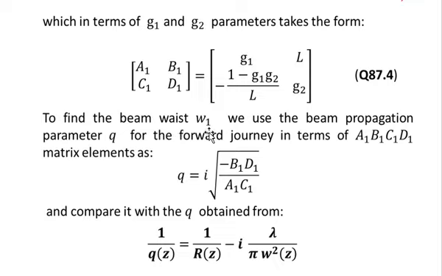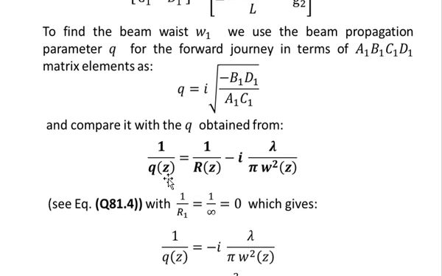To find the beam waist W1, we use the beam propagation parameter Q for the forward journey in terms of the A1, B1, C1, D1 matrix elements. As you see, we have already obtained Q is equal to iota times the square root of minus B1 D1 over A1 C1. And we can compare it with Q obtained from this relationship.